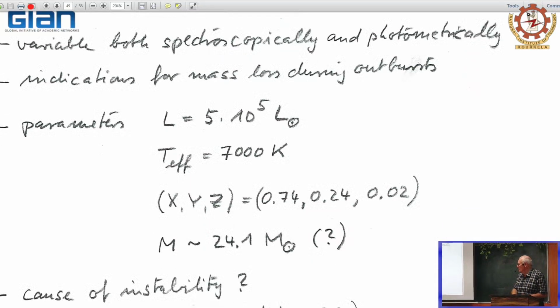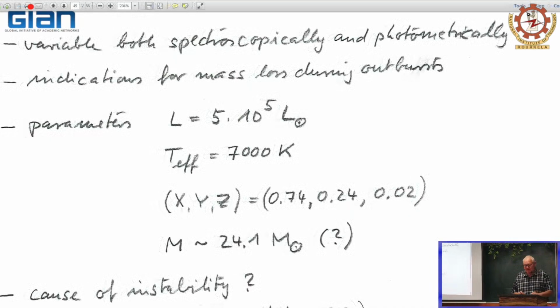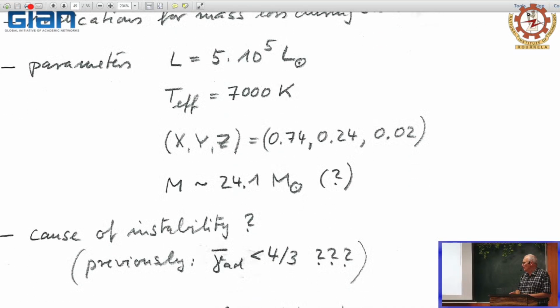So let's consider now the instability or the stability of this group of stars, the yellow hypergiants, and we will find an instability for these objects. And well, it has been known for a long time that these stars show outbursts and they seem to be unstable. And people have argued that the adiabatic index falling below 4/3 is the reason and the cause of this instability.